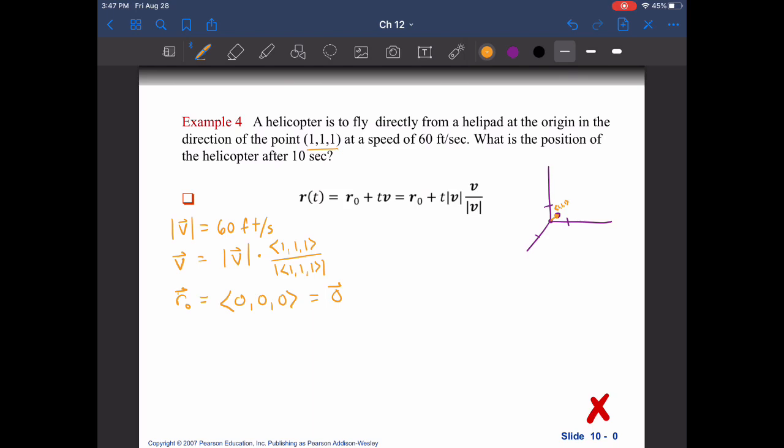And so really all we have to worry about is finding this velocity v vector, and we'll have that r of t is equal to, let me write it out for you, r naught plus t times the velocity vector. This r naught is the 0 vector. This t is that, and then our velocity vector is this thing up here, which is going to be what? 60 feet per second.